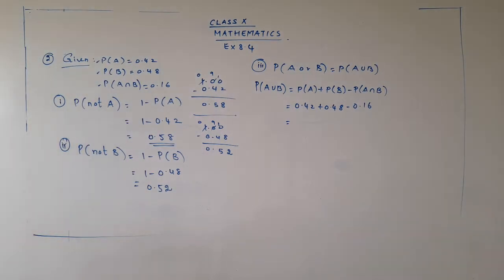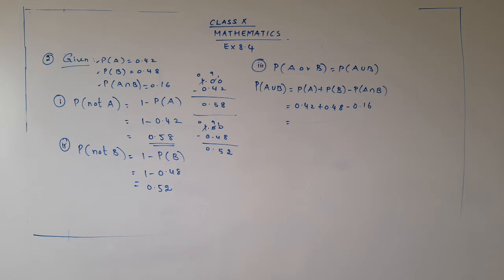Now you have to simplify it further. First add 0.42 and 0.48 and then subtract 0.16 from the answer you get.